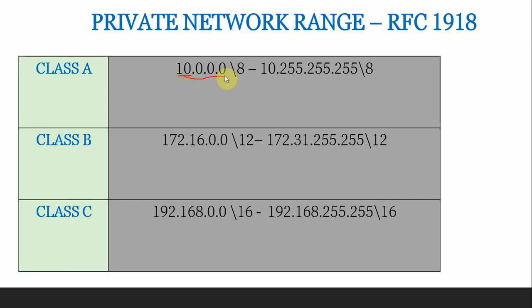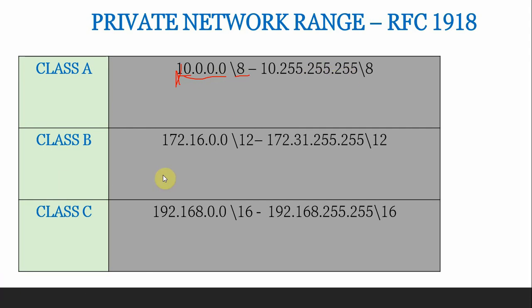You can use these addresses within your domain or the local networks that you are setting up. And we have the /8, which represents that the first octet's bits are turned on. That is what it means, up to 255.255.255.